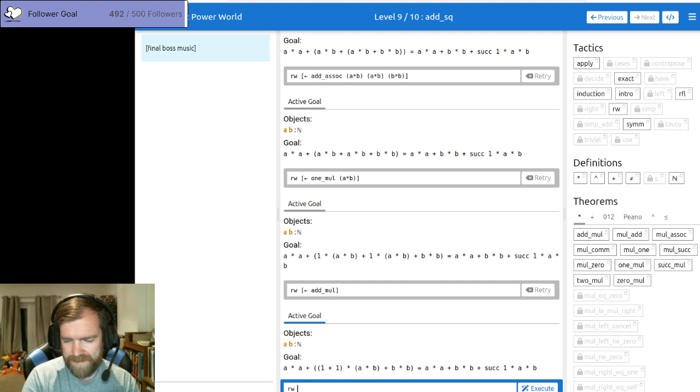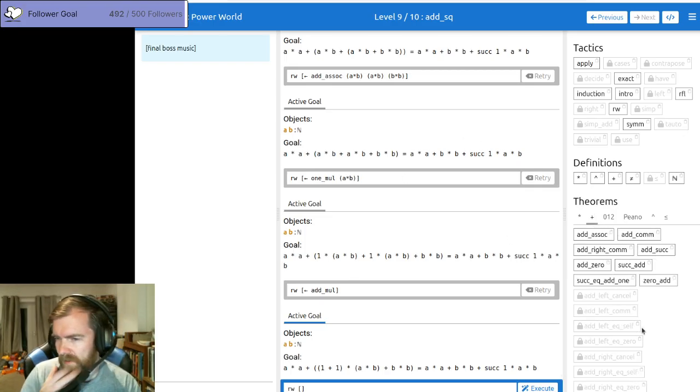Rewrite successor equals add 1. Yep. Back left.